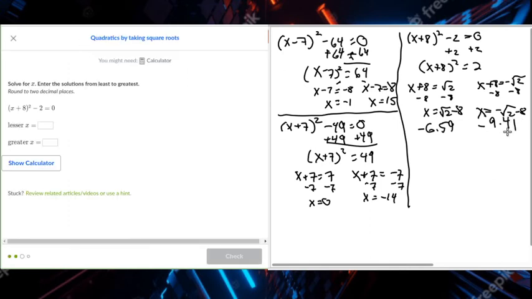Let's put these in. Which one is smaller? This one is smaller, more negative. The lesser x is the more negative.